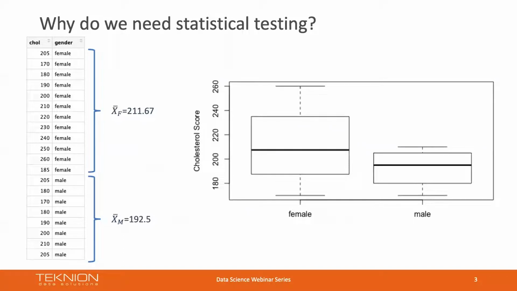And so what these statistical tests are trying to do is to give us some idea of really, did we get enough data, and is the data robust enough to answer the question? And in this case, the question is, are the females' and males' cholesterol scores different from each other?